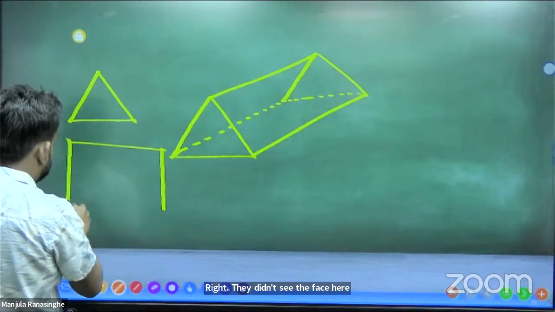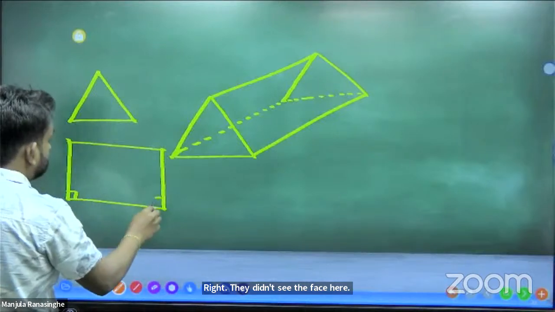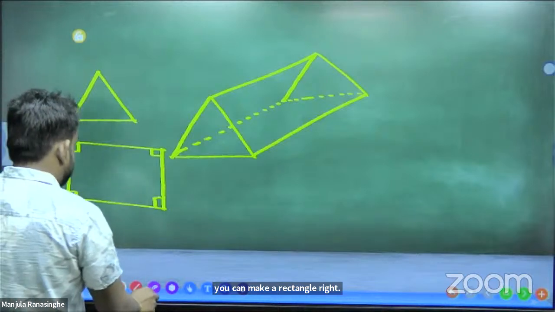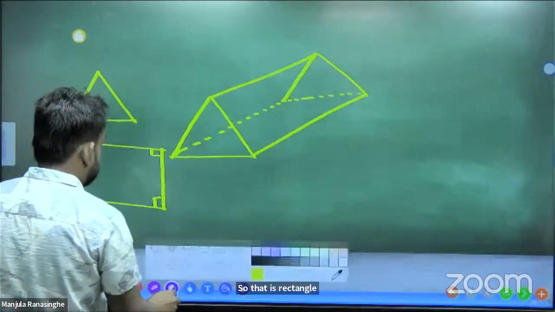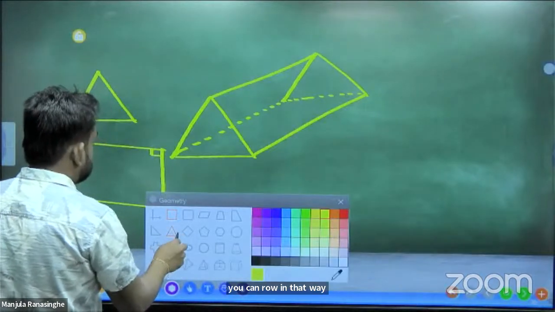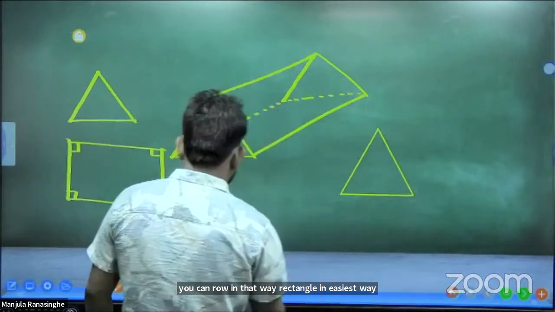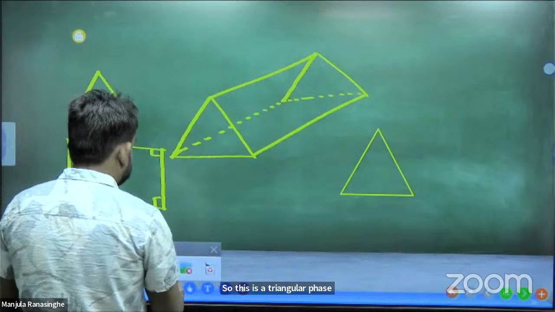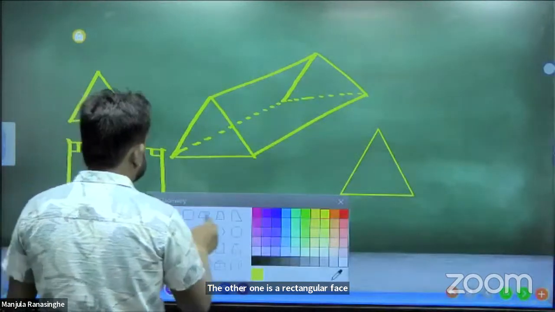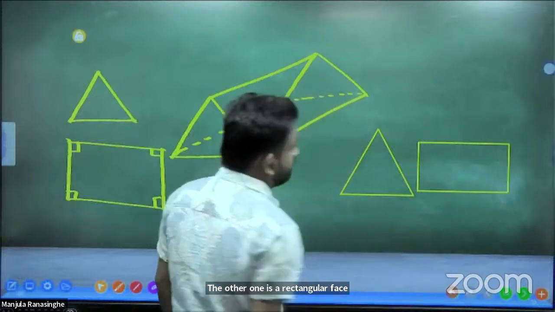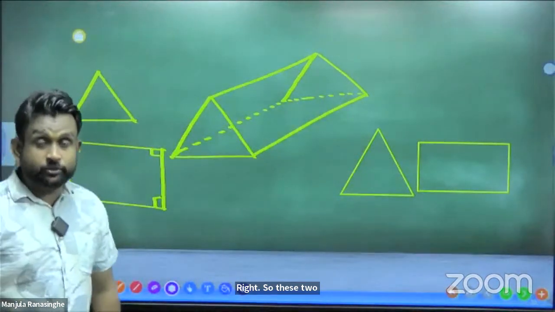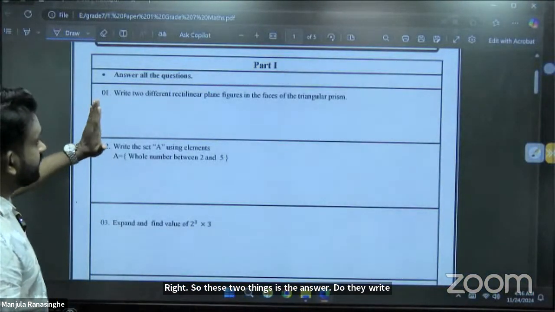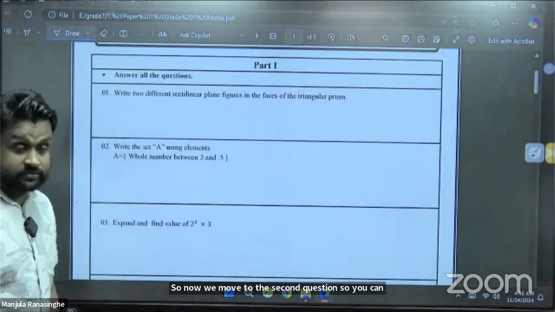You can make a rectangle. You can draw a rectangle in the easiest way. So this is a triangular face. The other one is a rectangular face. So these two are the answer. Now we move to the second question. You can draw that triangular face and the rectangular face there.